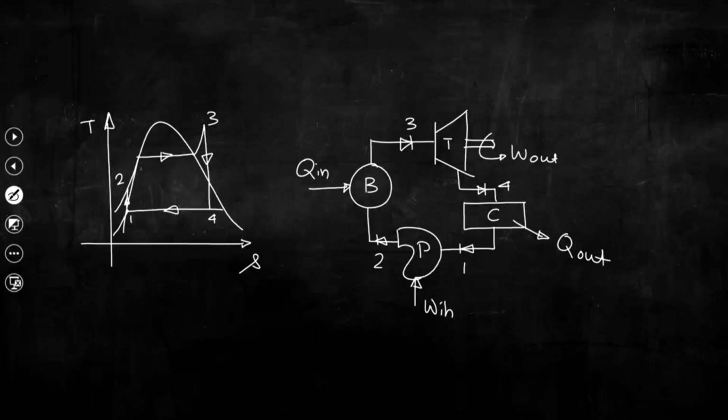What we can understand from this particular schematic is that if we do not consider this particular unit, if we consider a hypothetical case, feed water would be pumped by this feed water pump to the boiler.